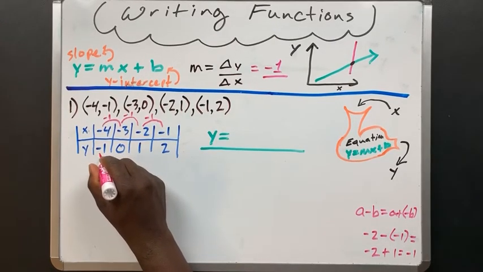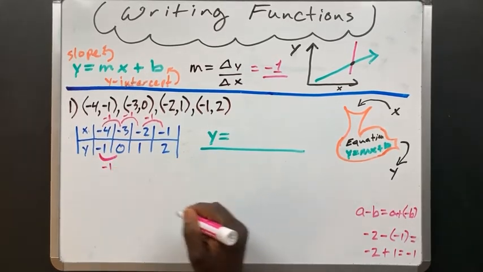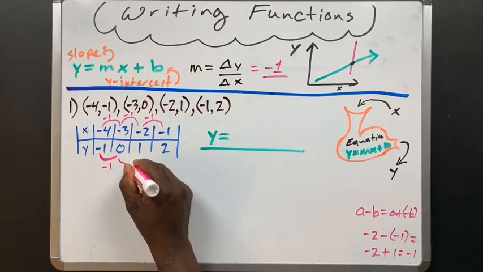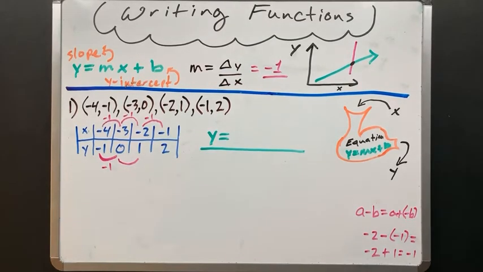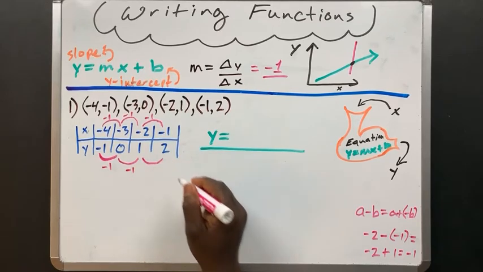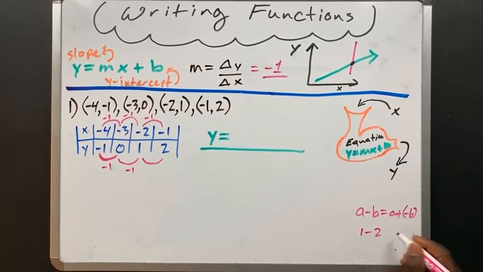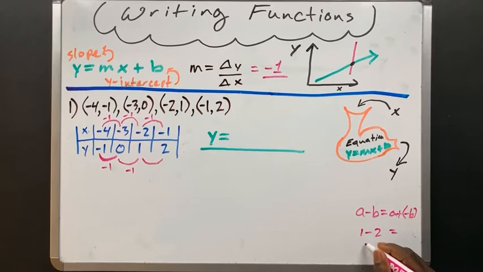So -1 minus 0 is going to give us what? -1. 0 minus 1 is -1. And then 1 minus 2, just to show you over here, a minus b form, 1 minus 2 is equal to 1 plus -2, which is equal to -1.